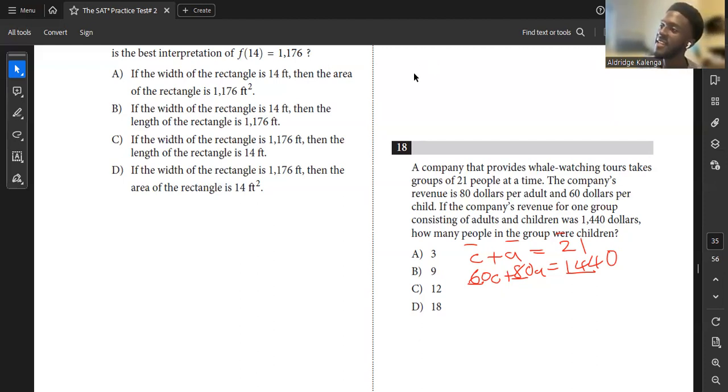We have a C. Okay. We have another C. Okay, that's another C. We have a 9 and a 12, so we have a B and a C.